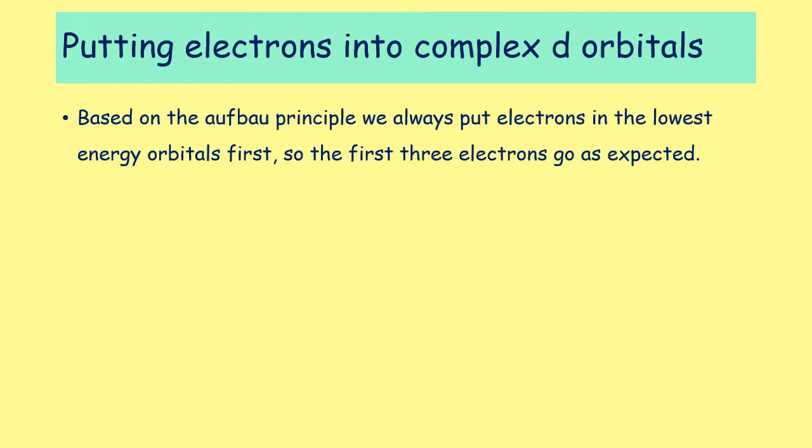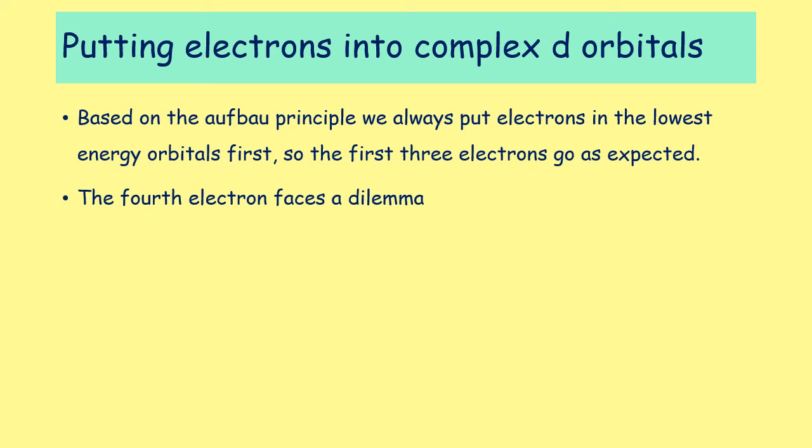Now this has an impact when it comes to putting electrons into the d orbitals of transition metal complexes. Remember, the Aufbau principle states that we always put electrons in the lowest energy orbitals first. So when you're filling the first 3 electrons into a transition metal that is part of a complex, they're always going to go into the 3 orbitals at the bottom.